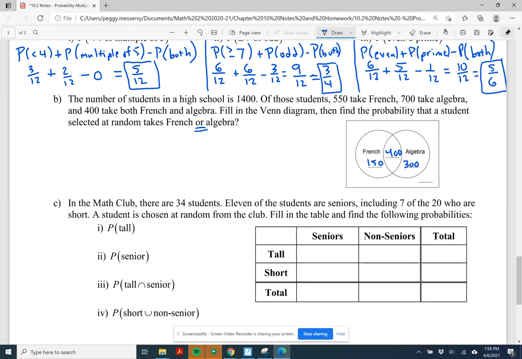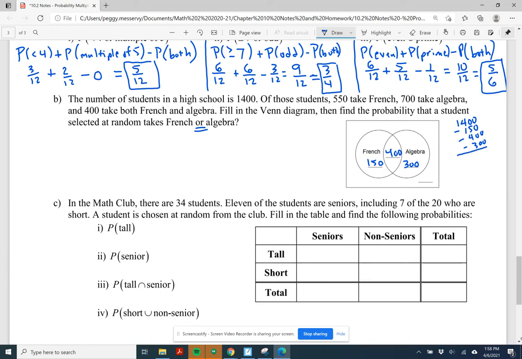Now, to figure out how many don't take either one, we need to take our total number of students, which is 1,400, and we need to subtract the 150 that are taking only French, the 400 that are taking both, and the 300 that are taking just algebra.